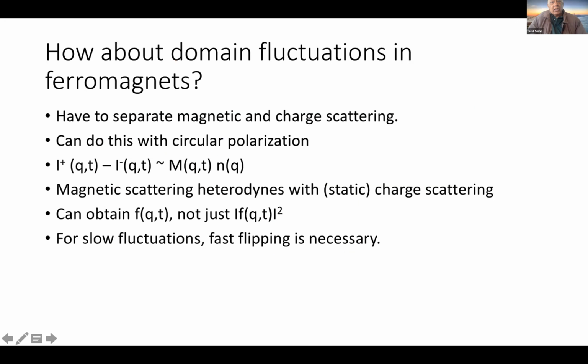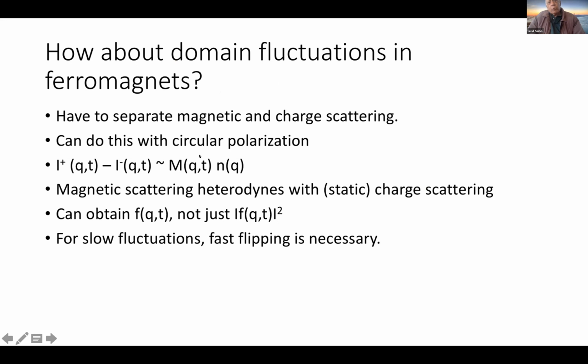And then finally, let me make some general remarks before I finish. I'm almost at the end. Can you look at ferromagnetic fluctuations in thin films? Well, one would have to separate magnetic and charge scattering, and you can do this with circular polarization with an I+ and an I-. Now, the magnetic scattering heterodynes with the static charge scattering.